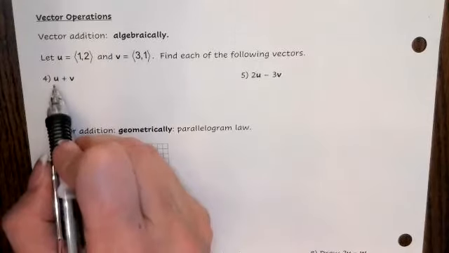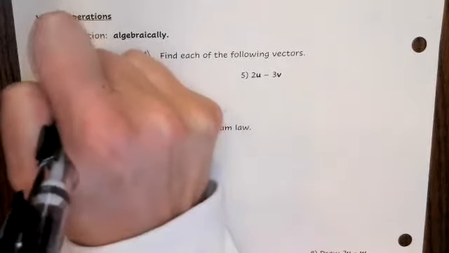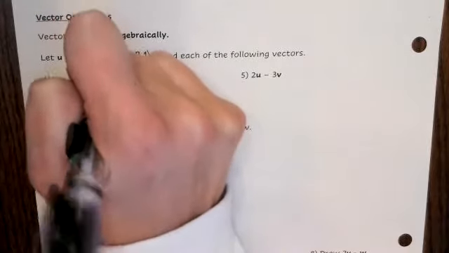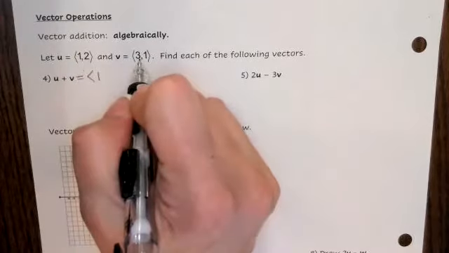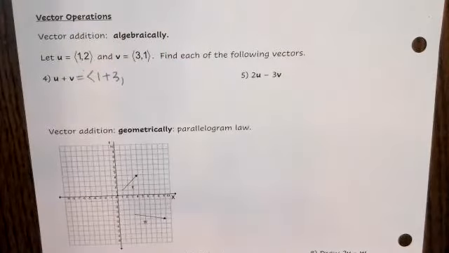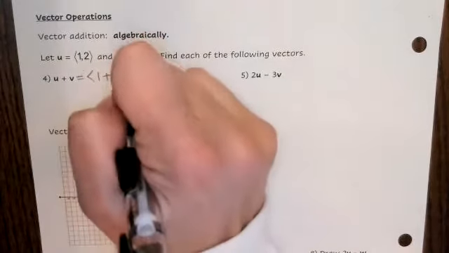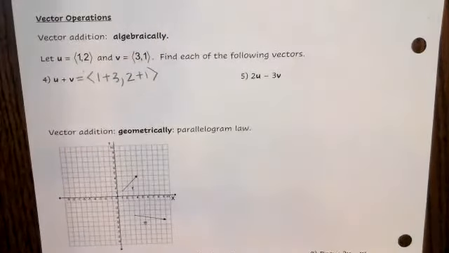So the first one says to add u plus v. And so we want to take our like terms and add them. So 1 and 3 are the ones that work horizontally. So we would add 1 and 3. And then our vertical would be 2 plus 1. So just like with x's and variables, you want to add those like terms.